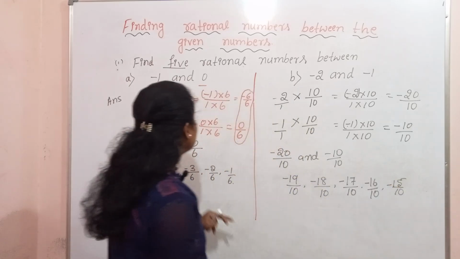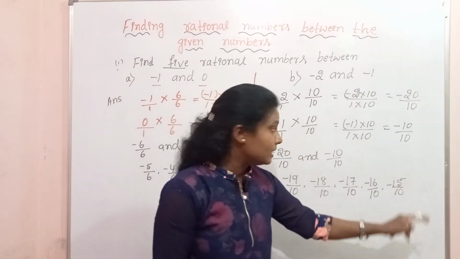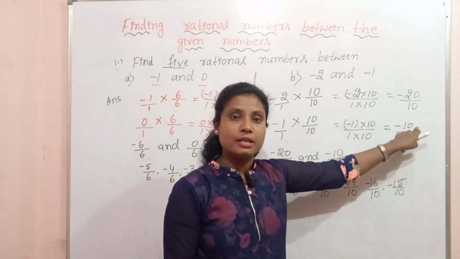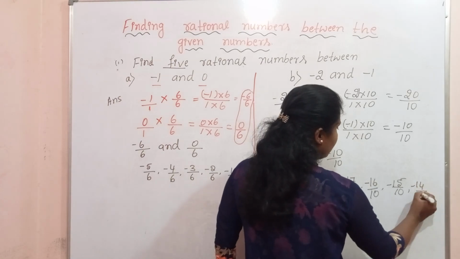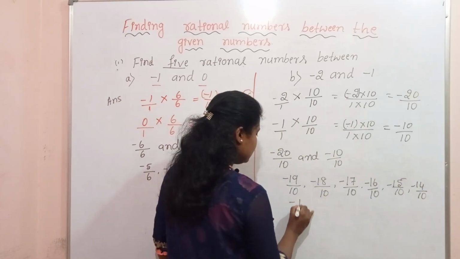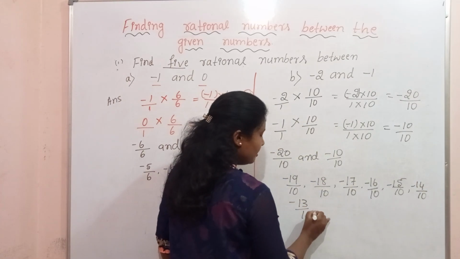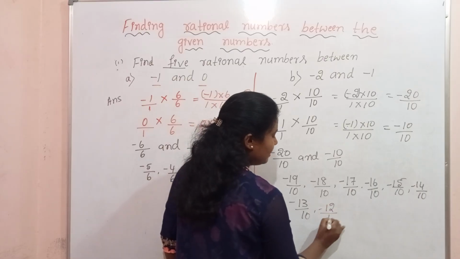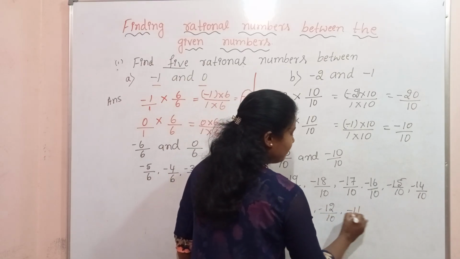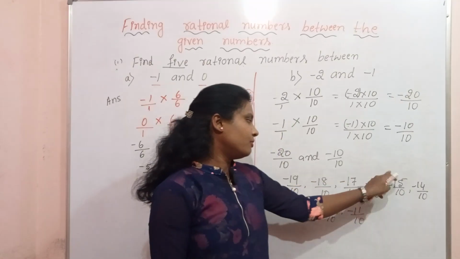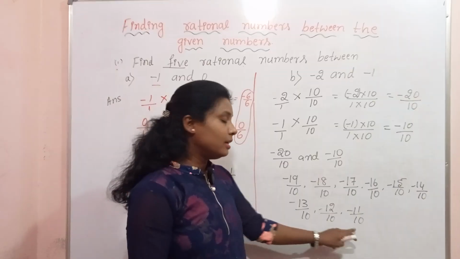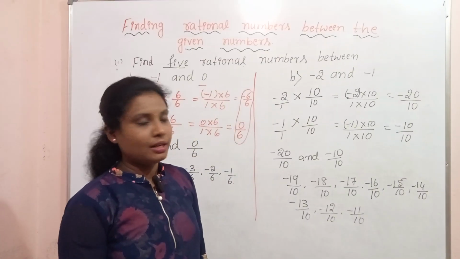How many were they asking? 5. We got 5 still. We need to reach -10. Still some more rational numbers we are getting: -14 by 10, -13 by 10, -12 by 10, -11 by 10. How many are we getting? 1, 2, 3, 4, 5, 6, 7, 8, 9 rational numbers we are getting.